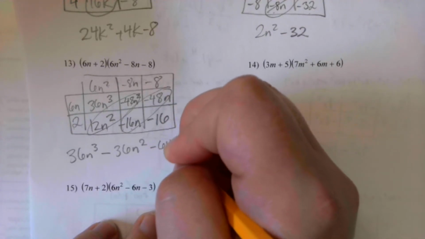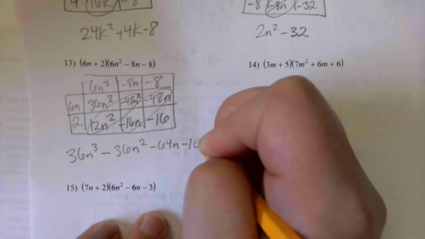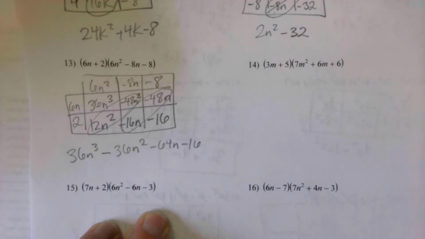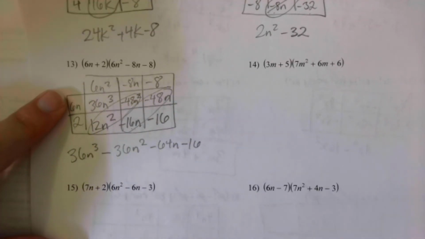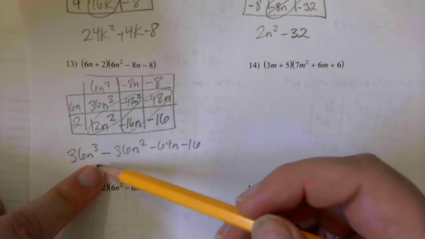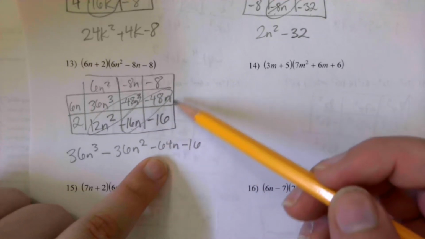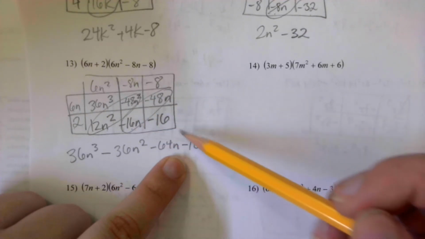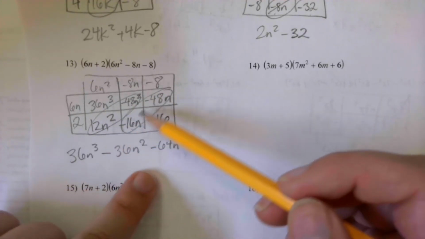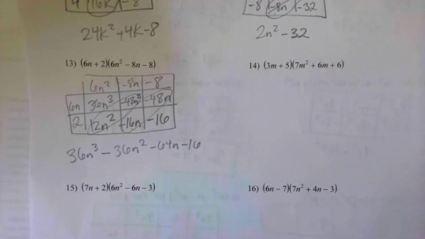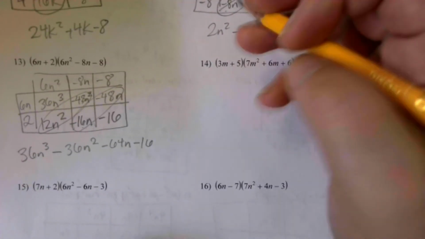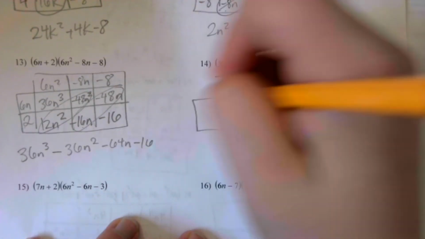Minus 64n minus 16. Just double checking my work. Square and 16 negative. Yep, it's good.